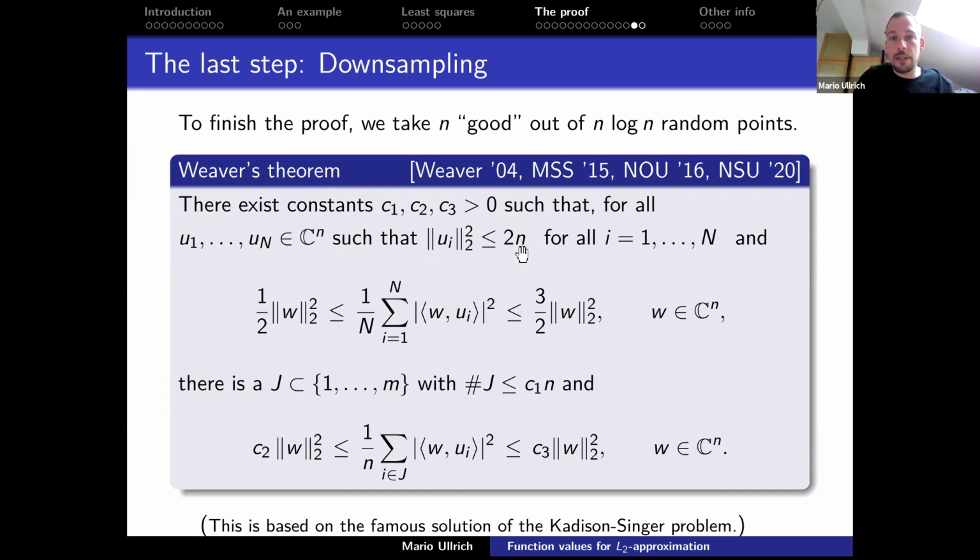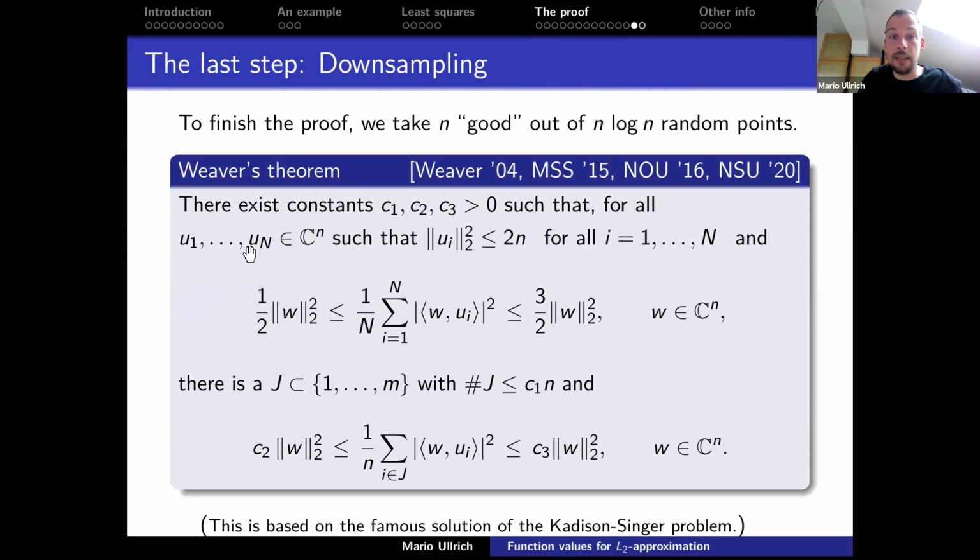Big N vectors, norm bounded by small n, right? These vectors are in C^n, so the norm is bounded by the square root of the dimension. That's all you need. If you additionally have that the vectors are good enough to be a frame, not a tight frame, but a frame, which means you take the average of these inner products of the y's with w, and this is good to approximate the L2 norm of w.